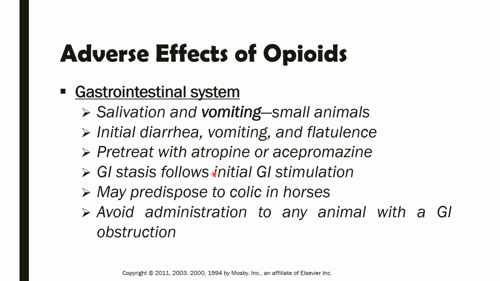This is one of the disadvantages of using atropine because it can exacerbate the GI stasis. For horses, it may predispose the animal to developing colic, and opioids should be avoided. Avoid administration to any animal with a GI obstruction.